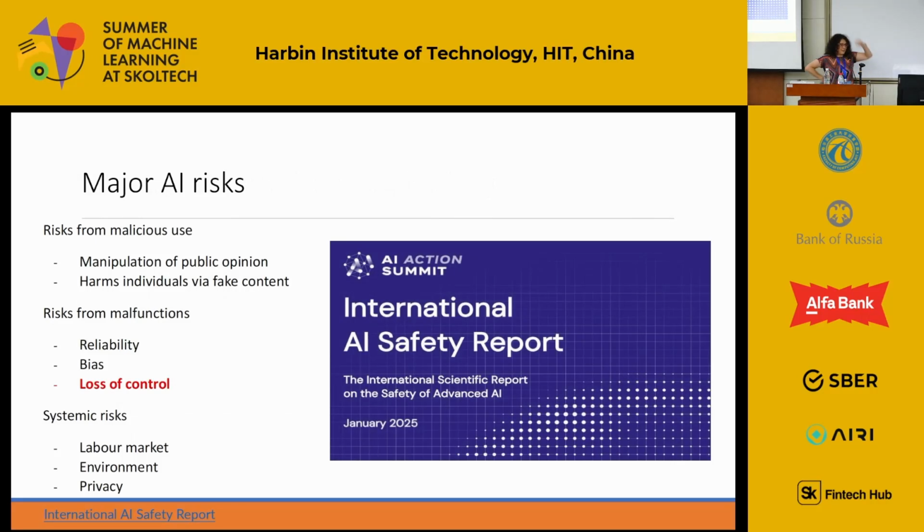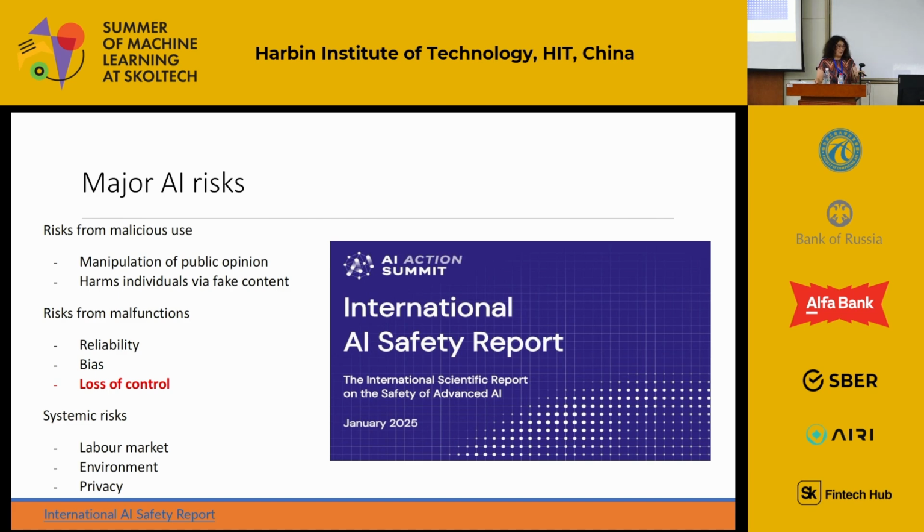There was a big report recently, in 2025, by big names on this. It is sponsored by the British government, I believe. It is about AI safety, and one of the important major AI risks claimed was loss of control. If we train a powerful agent and lose control of it, this is now considered a real risk which can happen.